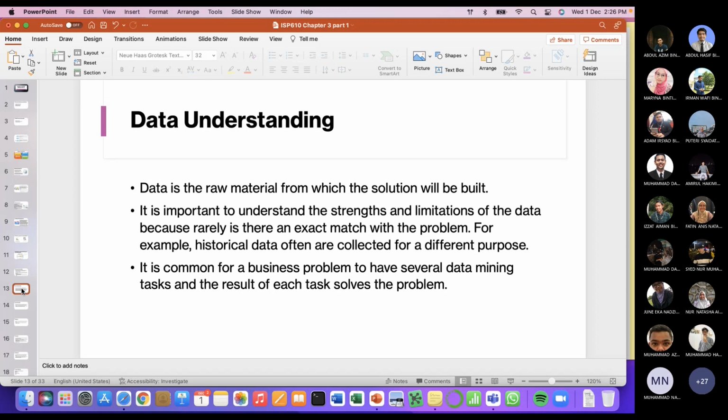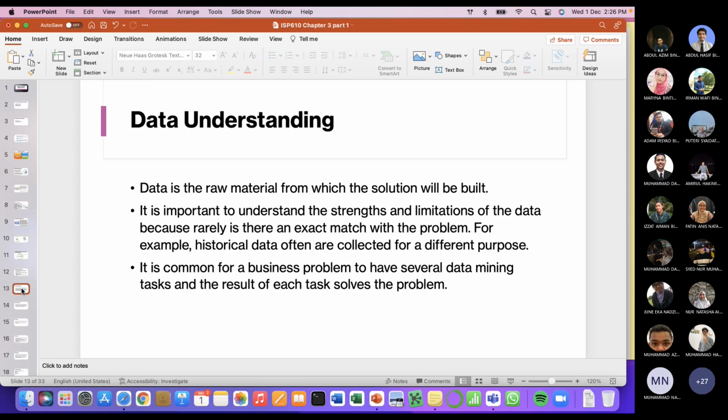Tapi kalau macam terkurang attributes, so you need to do more, maybe you need to acquire from another database, try to merge, or the company need to do some data collection or I don't know. So the data tu mesti match with the problem. Kena ada sebab nanti kita nak buat predictive models, kalau tak cukup data, tak cukup attributes, we cannot provide a better solution, a good predictive model.